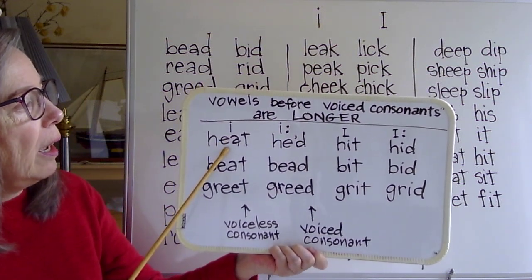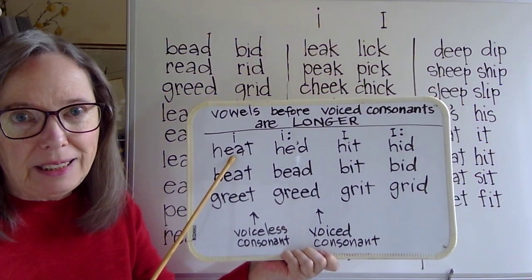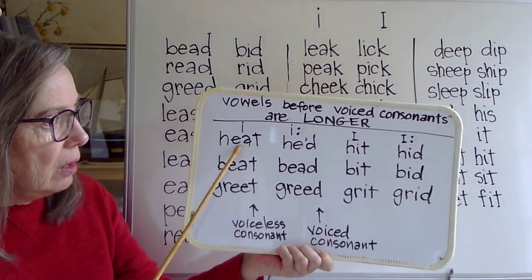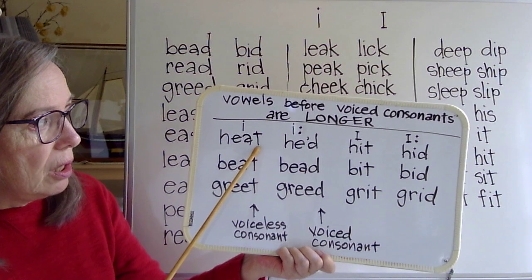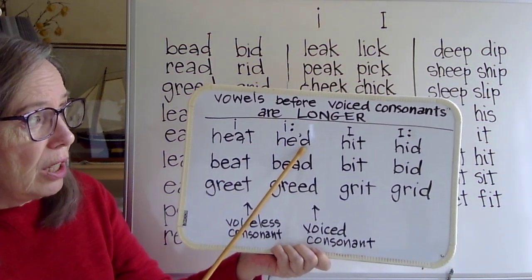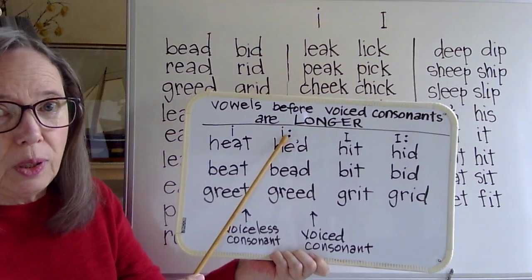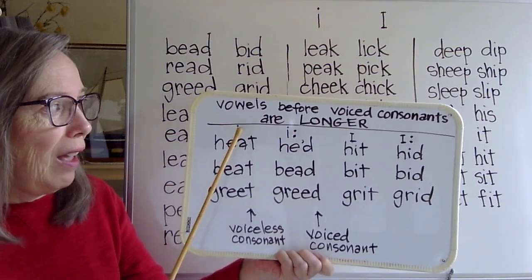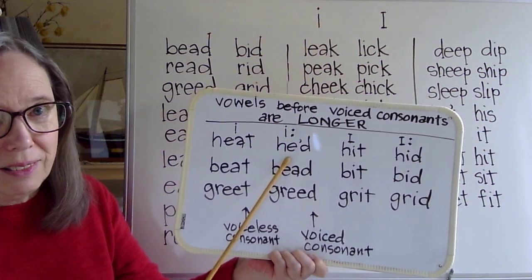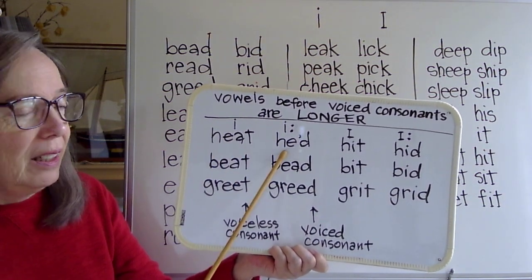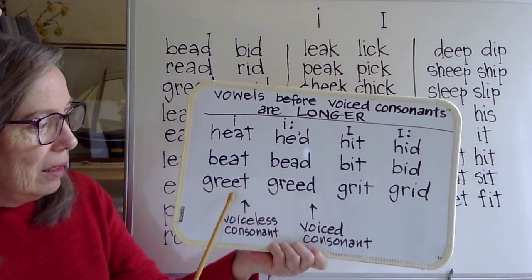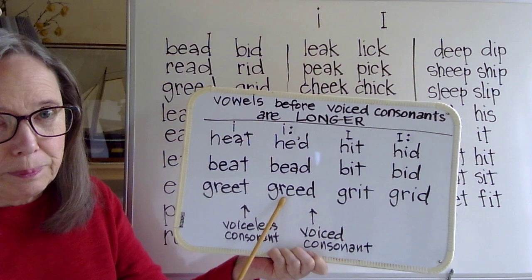So when I have the vowel E, which is a long vowel, and I have it with T, which is unvoiced, voiceless, or if I have it with D, which has voice, this E will be longer than this E. Heat, heed, beat, bead, greet, greed.